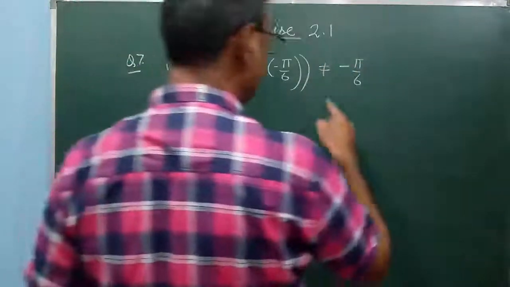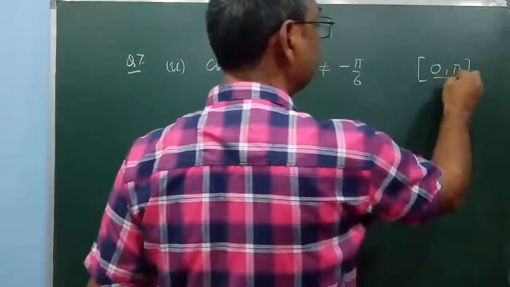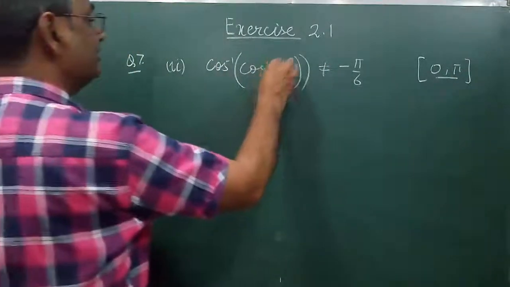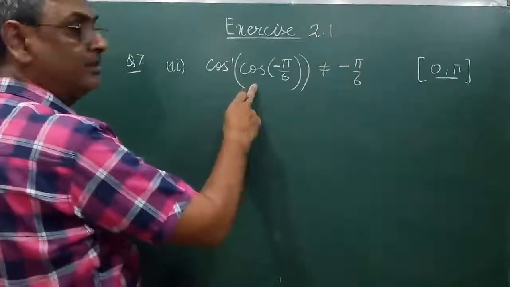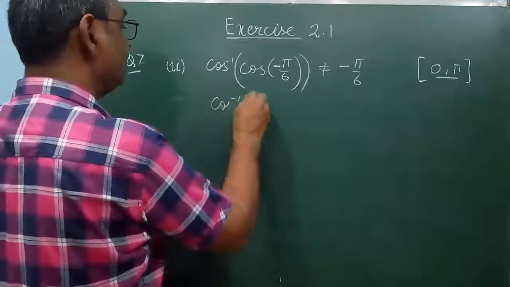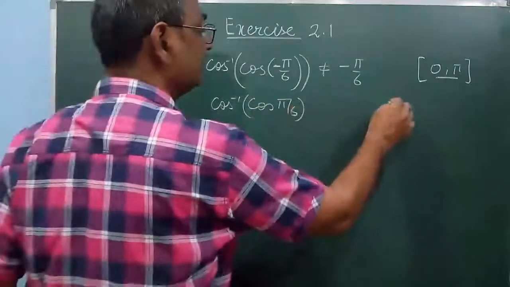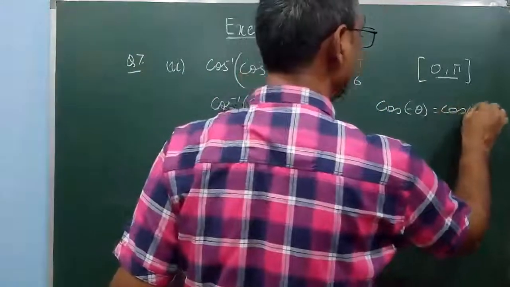See, the range of cos inverse is 0 to pi, means all angles should be positive, no negative angle should be there. So here it is minus pi by 6. So one thing we are knowing, that cos minus theta is cos theta, so it is cos inverse cos pi by 6. Why? Because cos minus theta equal to cos theta, this we are knowing.